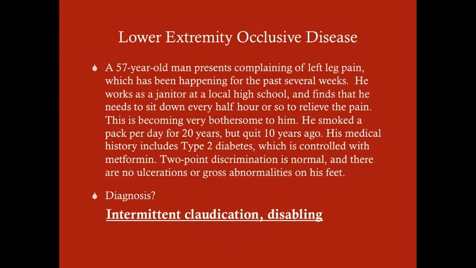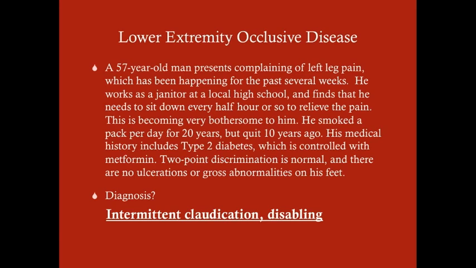So this would be the disabling intermittent claudication. This is a guy that works, and he's having his pain at work, and it's bothersome to him. So this guy is probably coming in and telling you, I can't retire for Medicare now, so he still has to go to work, and if he's having to sit down every half hour or so for 8-9 hours a day, every day, 5 days a week, this is a big problem.